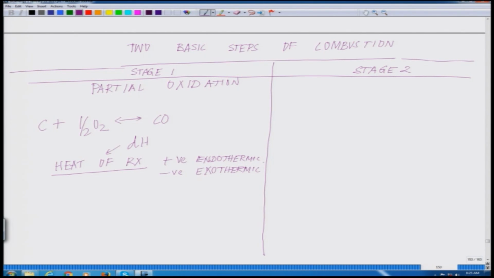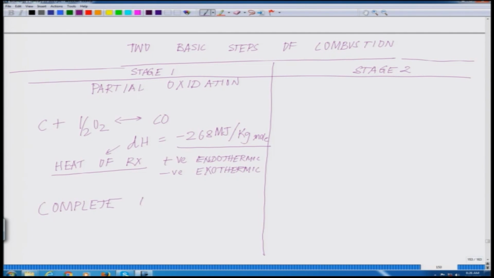So, if you see the heat of reaction, that is around minus 268 megajoule per kilogram mole.